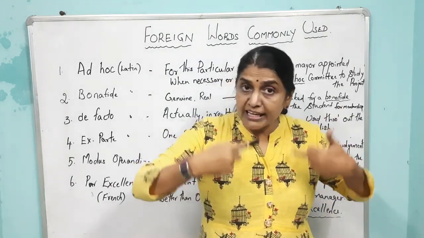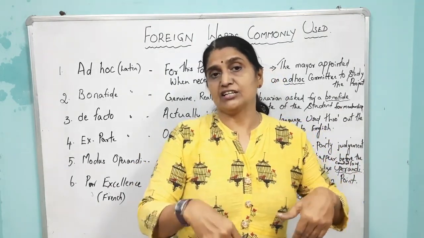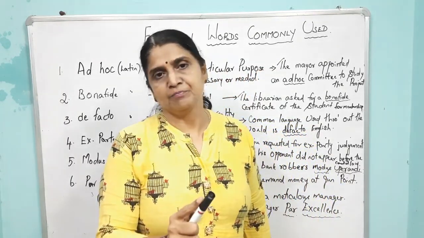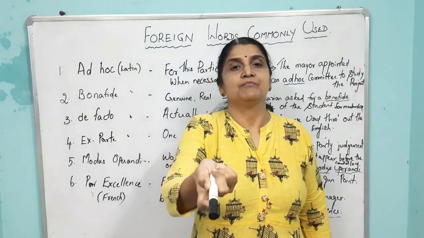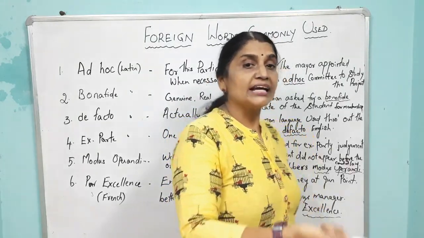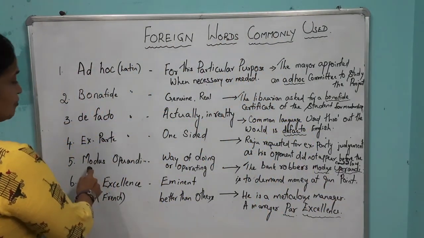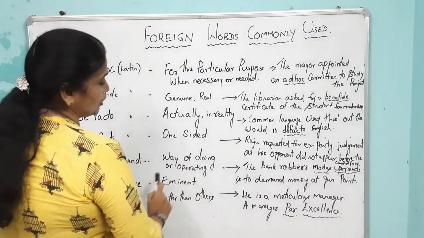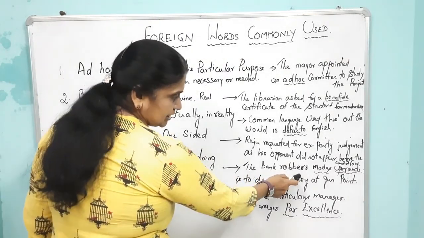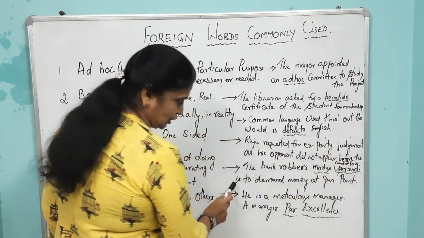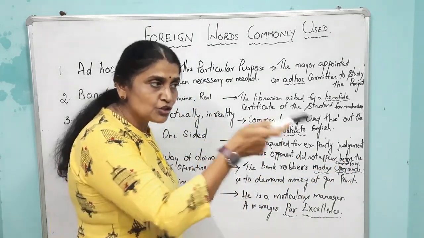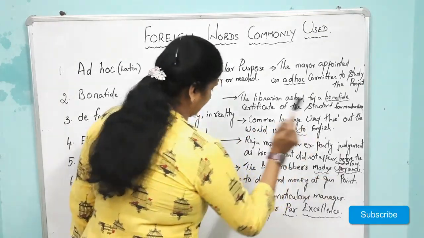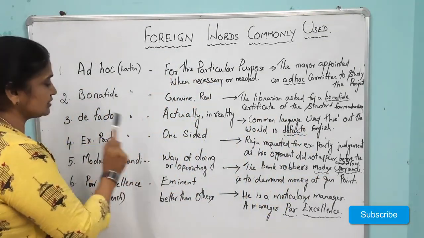That is how they try to rob the money from the bank. With a gun they go to the bank. That is the way they operate. Modus operandi, way of doing or operating. So the bank robber's modus operandi is to demand money. How do they demand money? Showing the gun, at gunpoint. So that is the meaning of modus operandi.